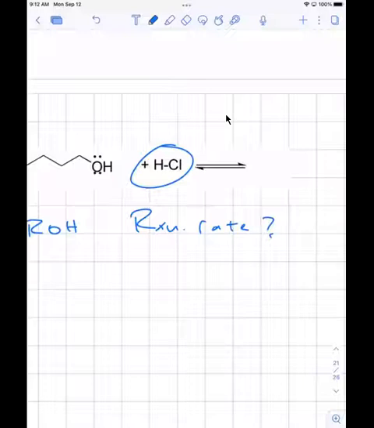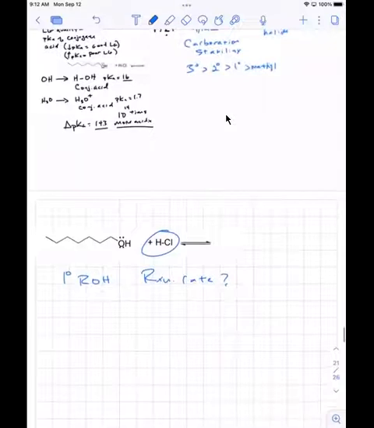No, I'm not saying that's wrong, that's the mechanism though. But okay, when we talk about the rate, we're talking about how fast or how slow a reaction is, right? So if you took a primary alcohol and reacted it with HCl, let's just go through the steps, right? What's the first step?